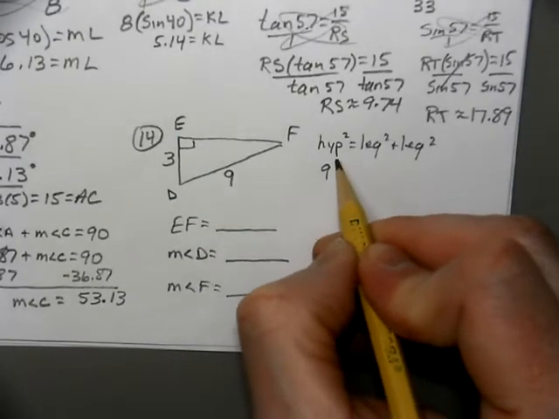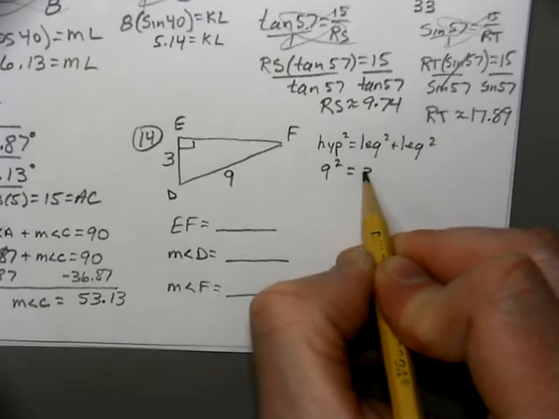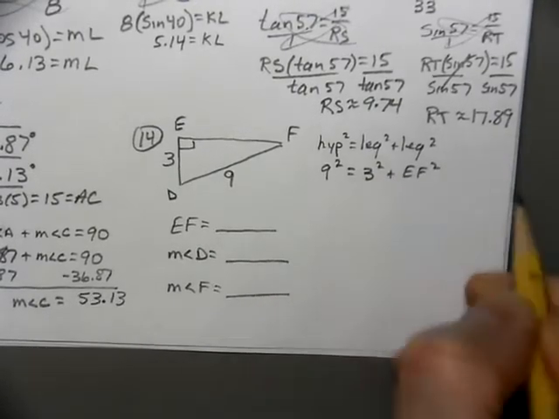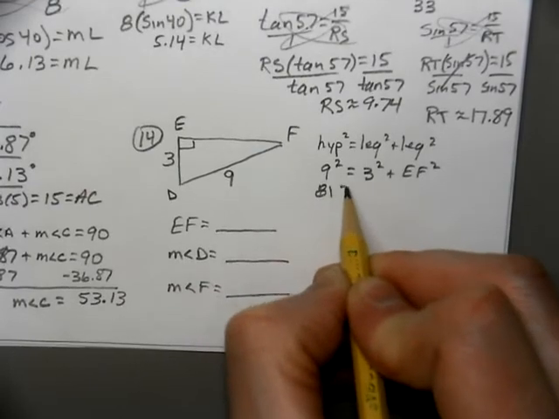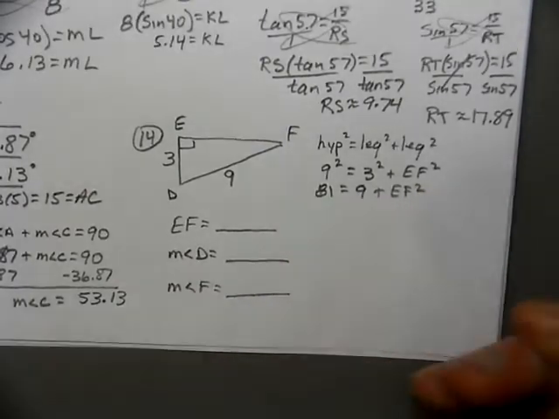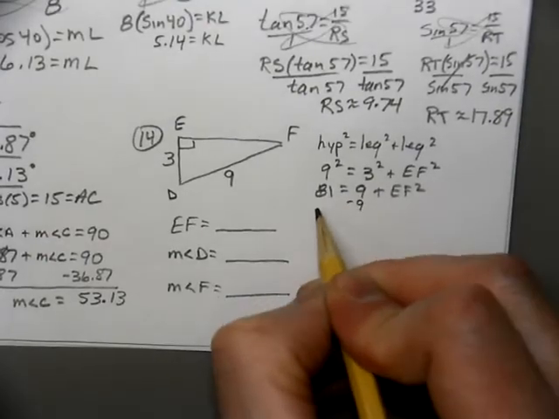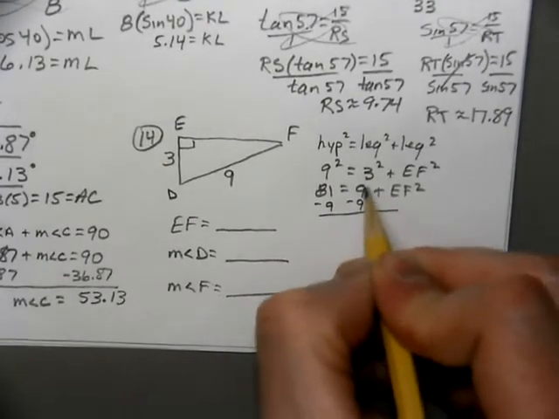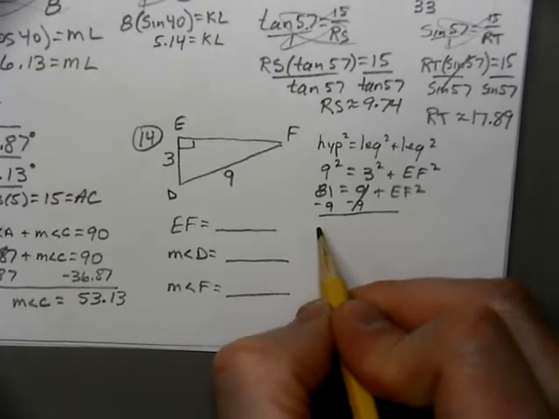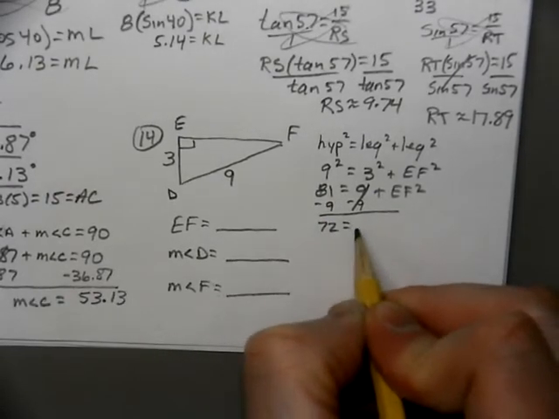The hypotenuse is 9. The leg is 3. And EF is another leg. So 81 minus 9 and we get 72.